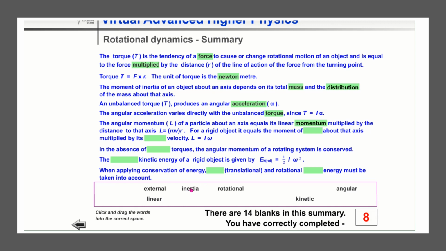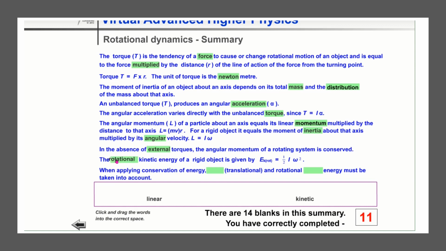In other words, L equals mvr. For a rigid object, it equals the moment of inertia about the axis multiplied by its angular velocity, L equals I omega. In the absence of external torques, the angular momentum of a rotating system is conserved.